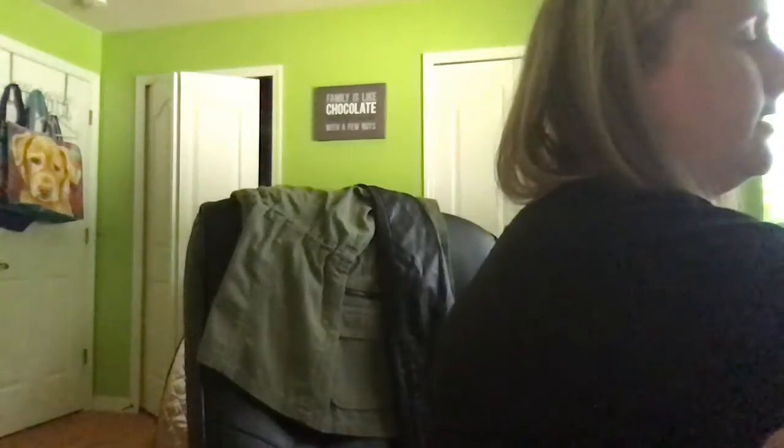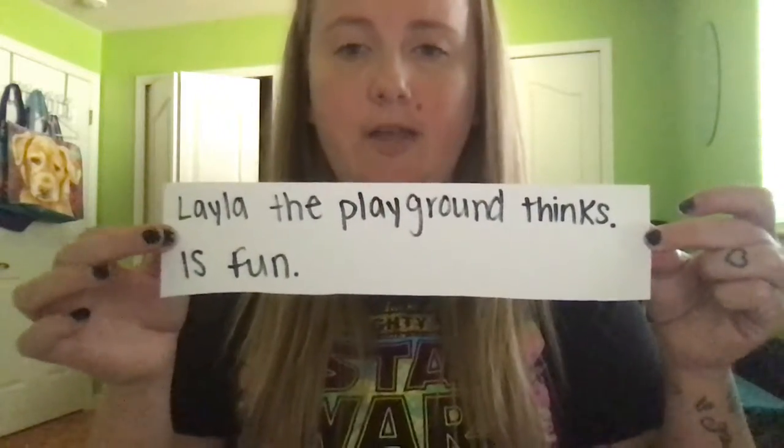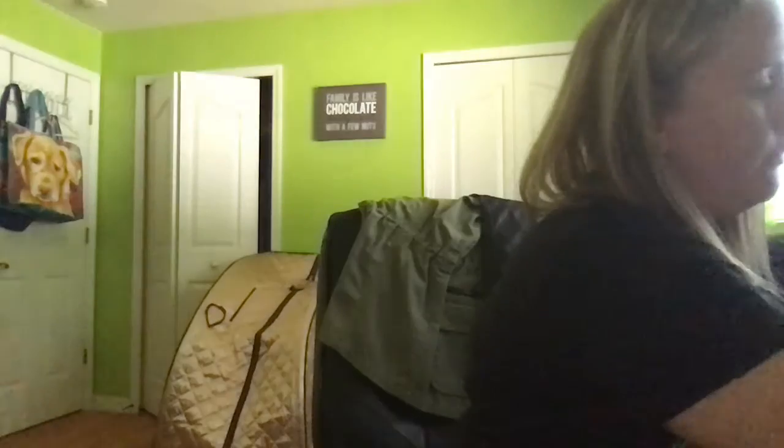You can also have an activity where this is the activity corner. So one of the activities is you could have sentences out of order already up there. So one that I have is, let me cut it up. Layla the playground thinks is fun. So those are going to be up here out of order.